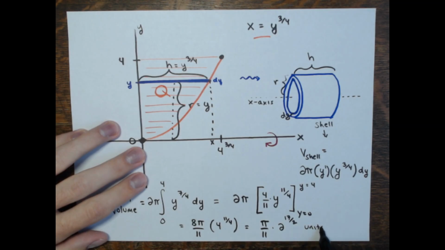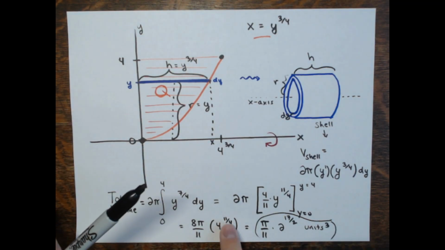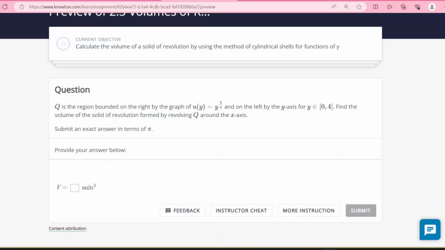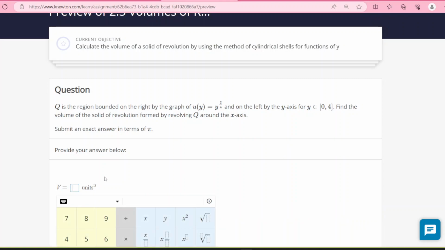There's a lot of equivalent values I could call this, or I could do all sorts of weird simplification. But I'll type this one in. You could type this one in too. That's the volume of the three-dimensional shape that would be created by rotating that region around the x-axis.